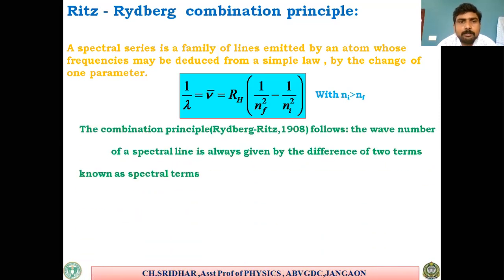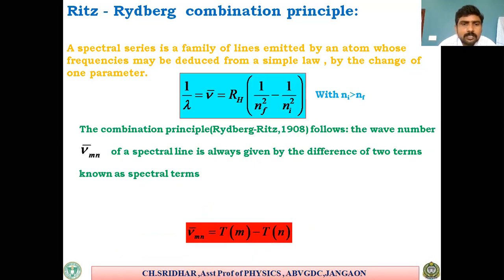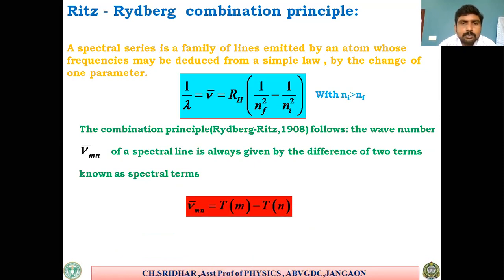This is the wave number, and the combination principle states that the wave number nu bar mn of a spectral line is always given by the difference of two terms known as spectral terms, that is nu bar mn equals T of m minus T of n. This is called the Rydberg combination principle. From this we can calculate the frequencies of the spectral lines of the hydrogen atom.